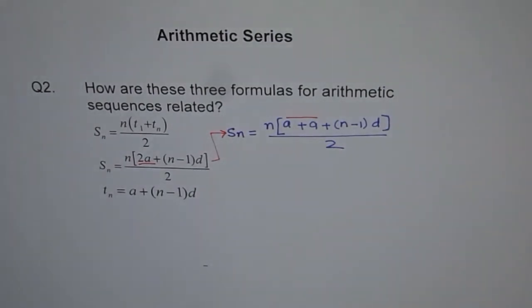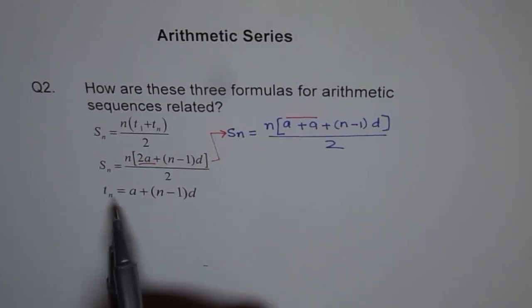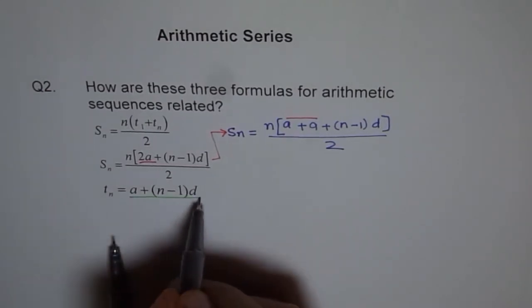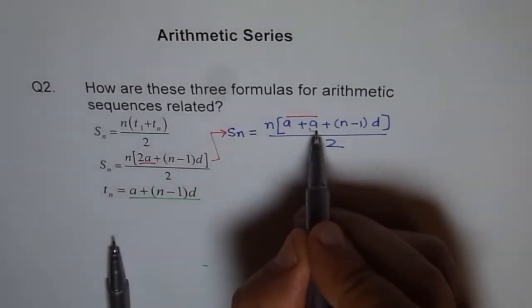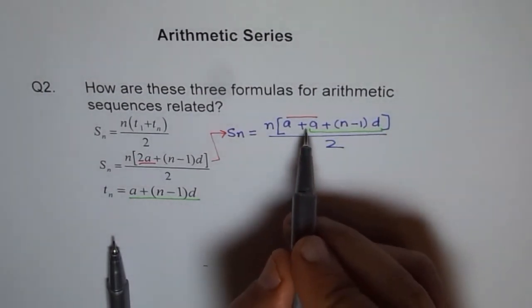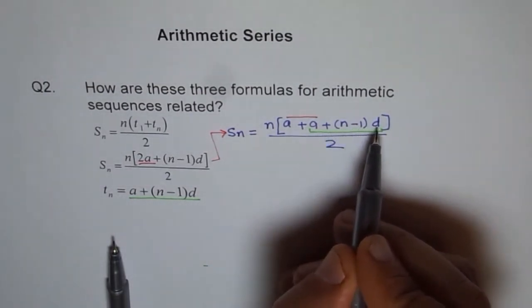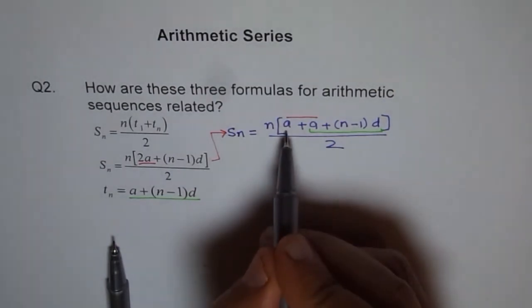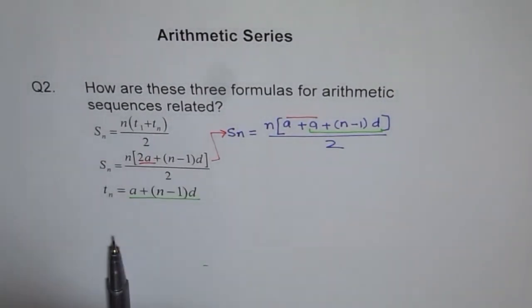Now, look at it more carefully. Tn. What is Tn? a plus (n minus 1)d. So I'll write this Tn as a plus (n minus 1)d. That is Tn, right? And what is a? a is our first term.